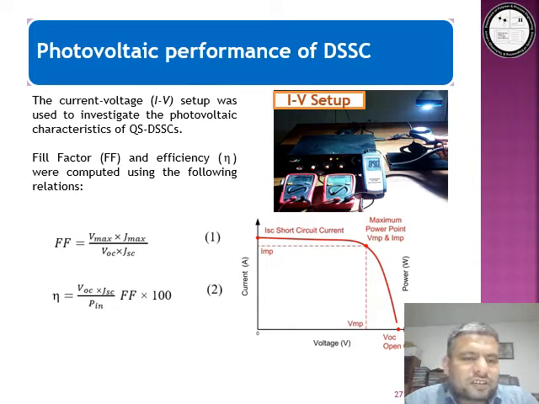That is, fill factor is equal to Vmax times Jmax divided by VOC times JSC. Efficiency is equal to VOC multiplied by JSC divided by power input, times fill factor.